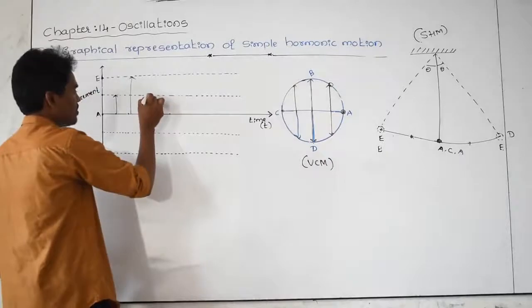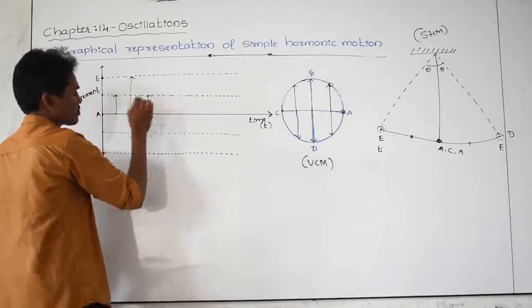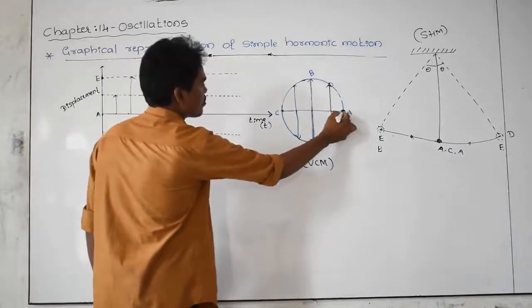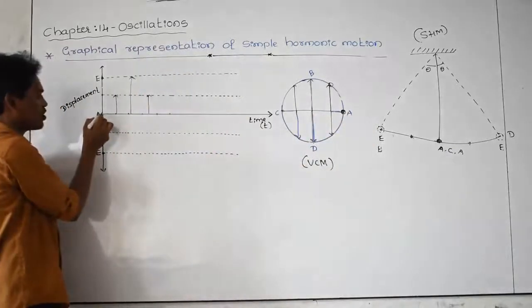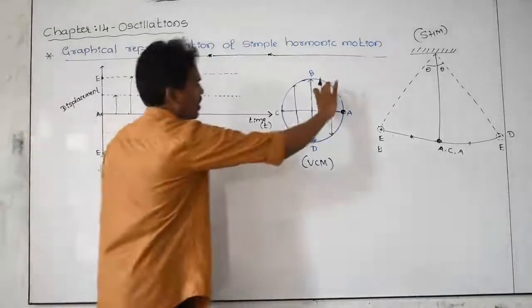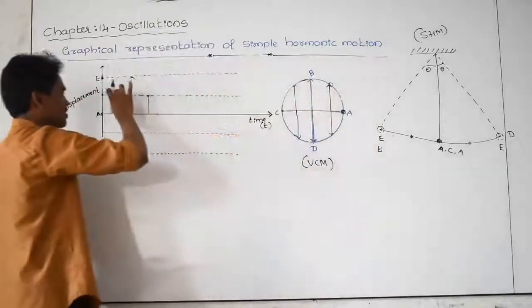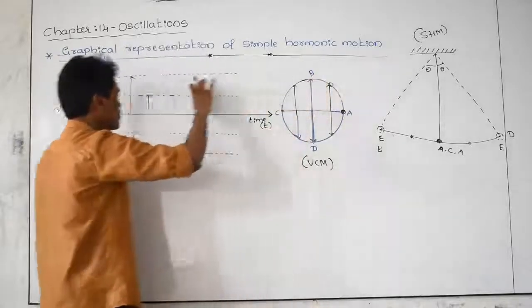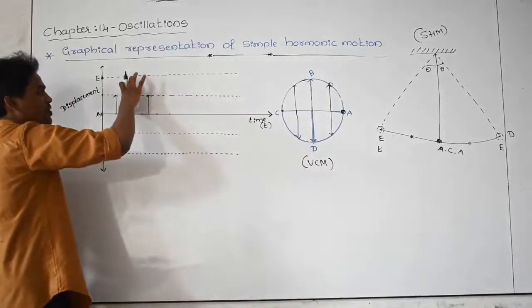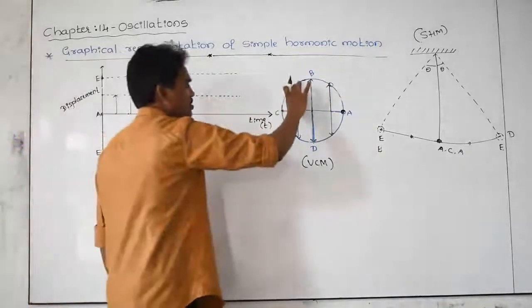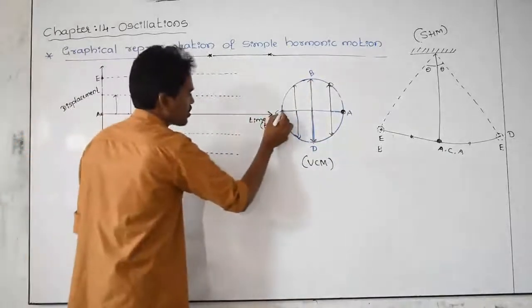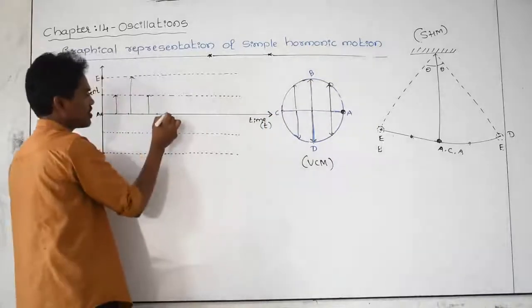Here displacement is equal to 0, and this displacement I am taking, this is the maximum displacement, called as amplitude. Again at this point displacement is equal to 0.